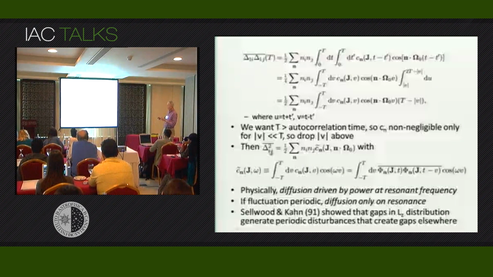So this is a very simple and powerful result. It's telling us that the second order diffusion coefficient, with very few assumptions, is equal to the sum over these integers of the components of the integer, ni and nj are components of this vector here, times this autocorrelation, which is evaluated, notice, on the characteristic frequencies of the star, right?